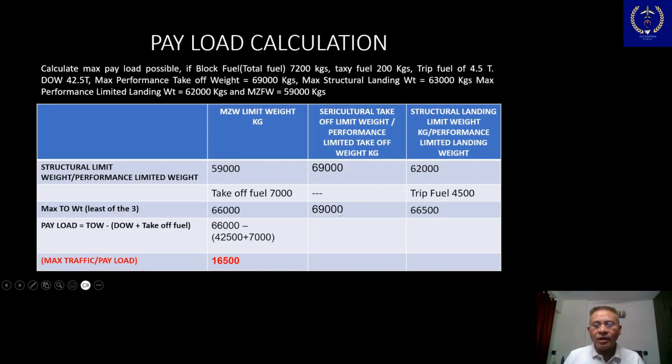So out of these three, the least is 66,000. So therefore, the payload will be 66,000 kgs minus DOW of 42,500 plus the takeoff fuel, which is 7,000. So the total I get is 16,500 kg. This is the maximum takeoff weight limited by the maximum zero fuel weight.